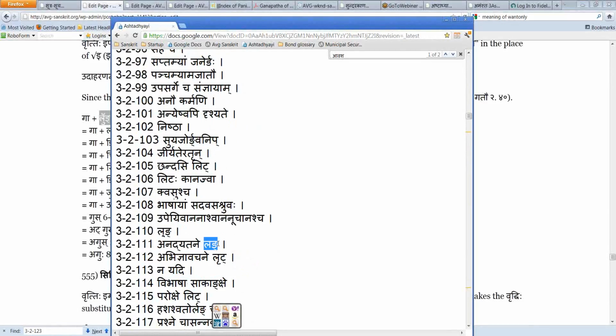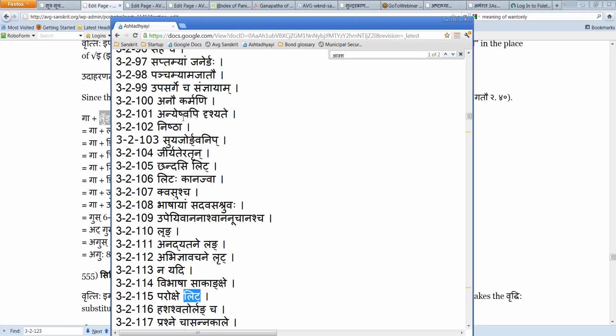And within that, if the action is exclusively not of today and is remote to the speaker, then lit has to be used. So basically, whenever there is any today component to this past action, then lung is to be used. Of course, in the language, all these distinctions are not strictly followed, needless to say, but technically this is the way it is.